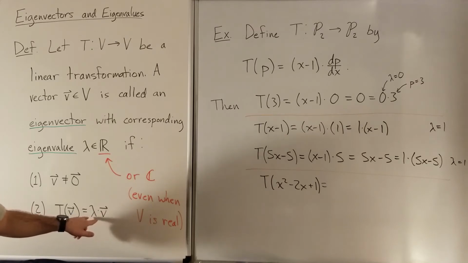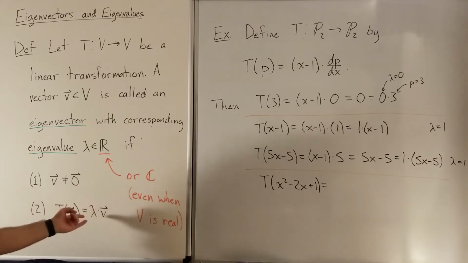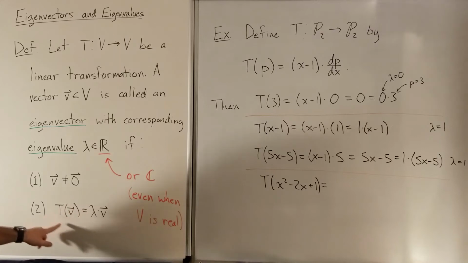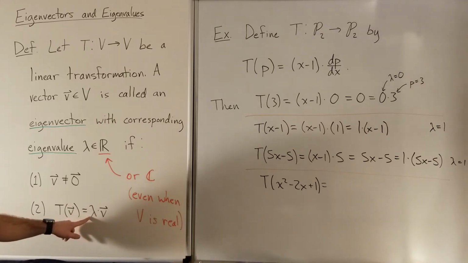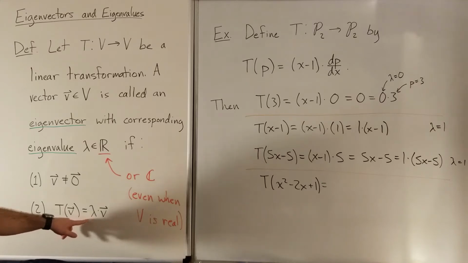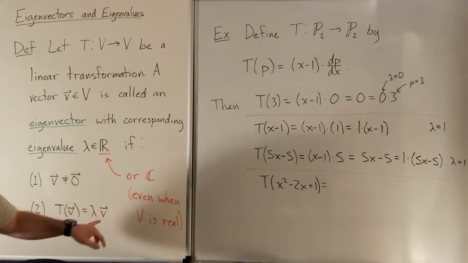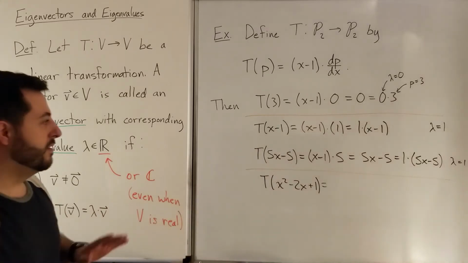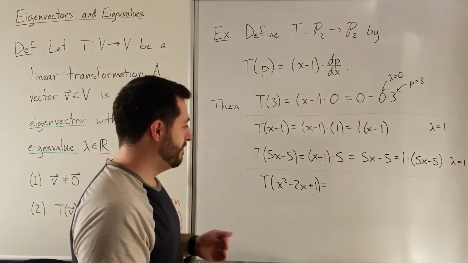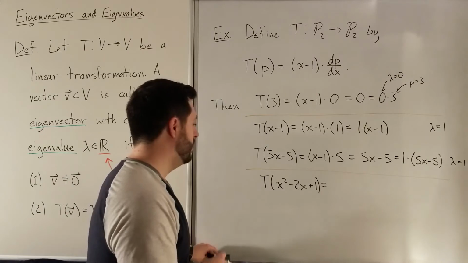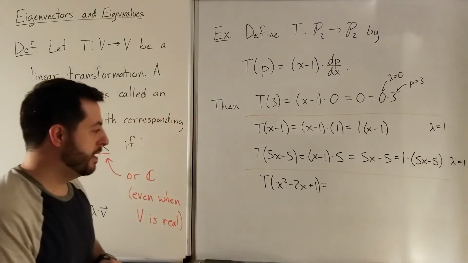There's no reason that the lambda and the 5 can't commute. And so a 5 can come out of here, and a 5 can transfer past the lambda. Either one of those things is going to say that if you have T of 5 times v, it's still going to be lambda times 5v. So any scalar times an eigenvector is still an eigenvector with the exact same eigenvalue.